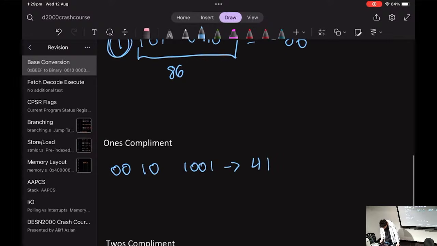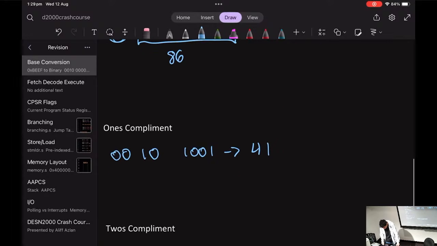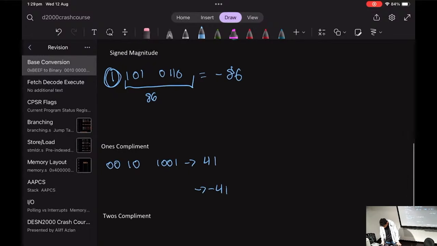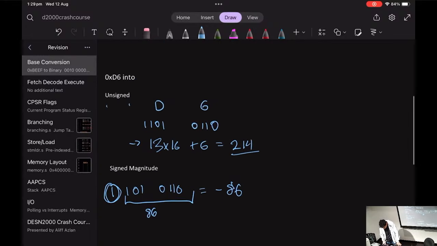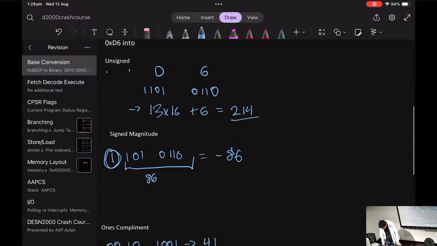So the original number would have been negative 41, because we saw that the first bit was a 1, which means it was negative, which is why we had to flip it to get the original number. If that bit was a 0, then we wouldn't need to flip it since it's already in a positive form.